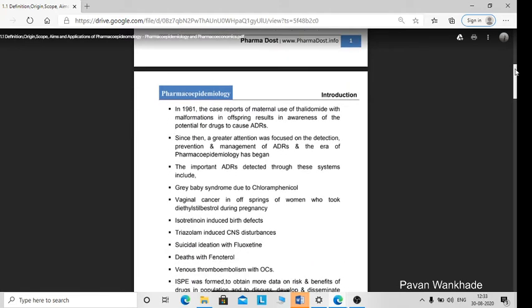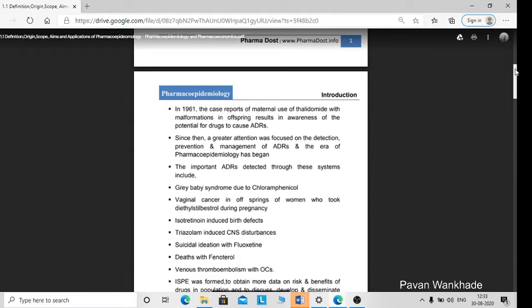Next, vaginal cancer in offspring of women given diethylstilbestrol during pregnancy.